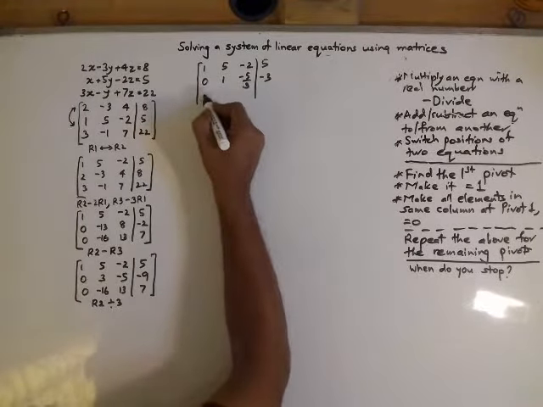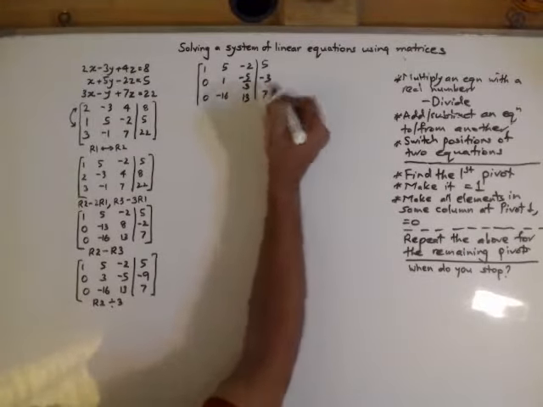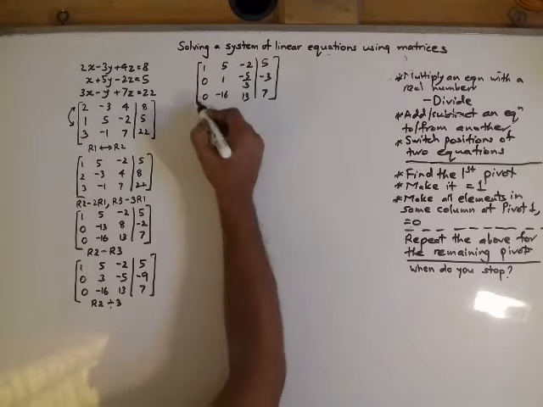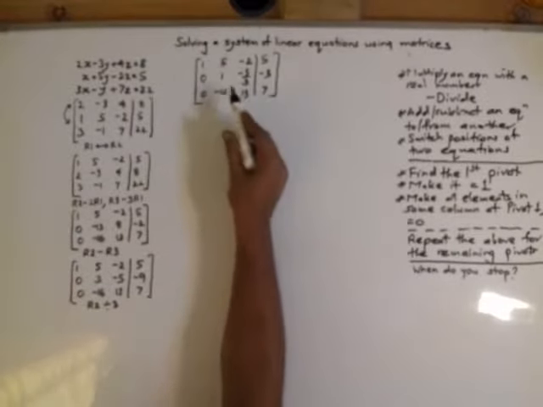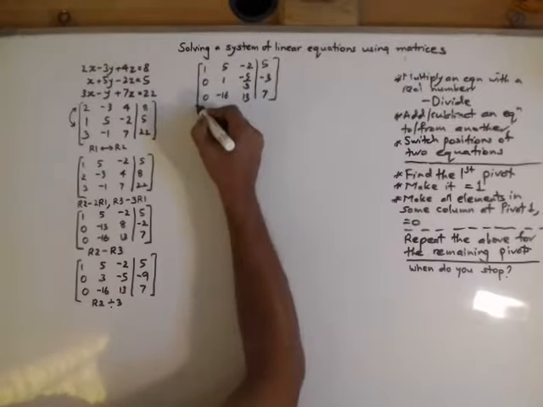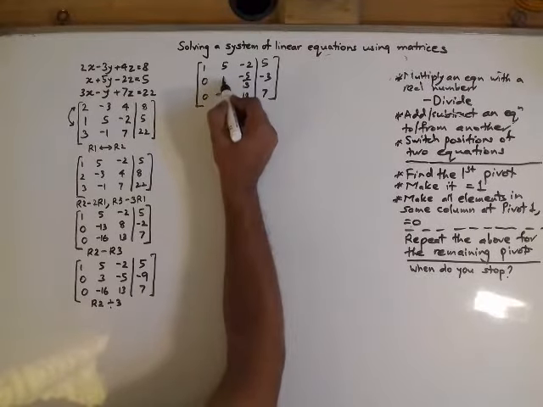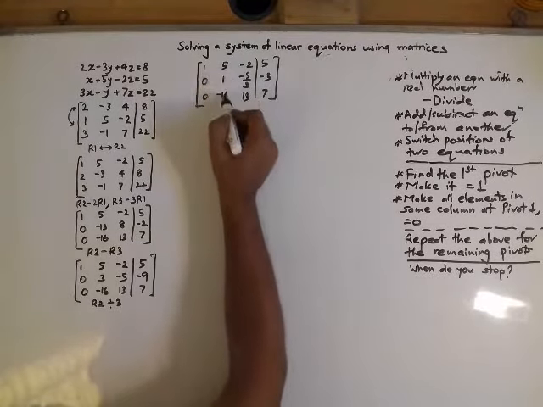R3 stays as it was: minus 16, 13, 7. Let me just check what I have done here. Yeah, I think they are okay. So I got my second pivot equal to 1. Now I have to zero out these guys.